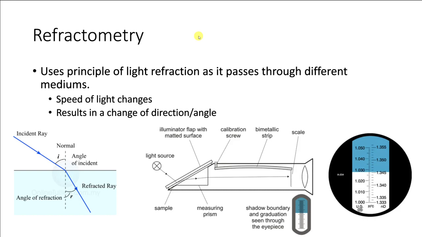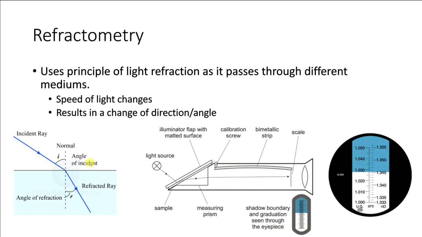Refractometry, you might see it as a really old school method to measure specific gravity in urine. Nowadays, it's more so being used if you brew alcohol, I guess. It's a quick and easy way to measure the concentration of something. So we use the principle of light refraction as it passes through different mediums.